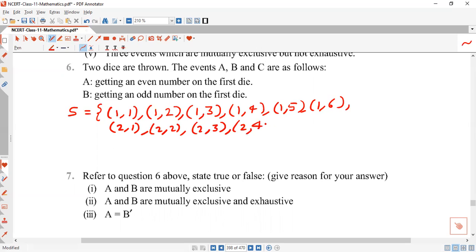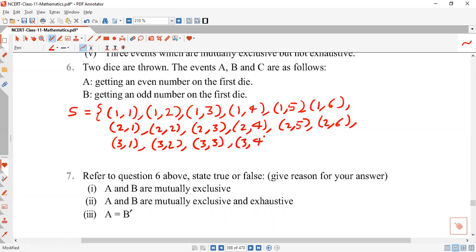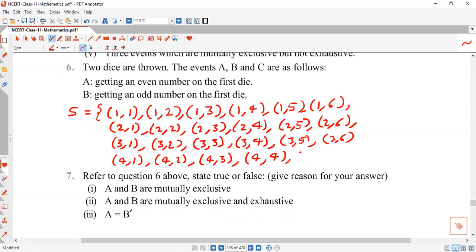First die 2, second die 4, 2, 5, 2, 6, and then 3, 1, 3, 2, 3, 3, 3, 4, 3, 5, 3, 6. Now 4, 1, 4, 2, 4, 3, 4, 4, 4, 5, 4, 6.